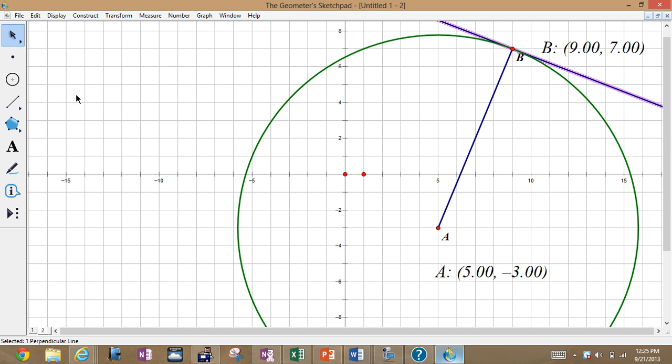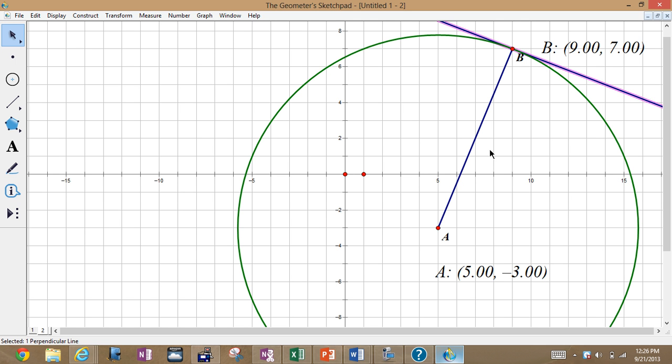Okay, so here's the line in question. Now, how did I draw that line? Well, that line has the point 9, 7, and the slope, which is the negative reciprocal of the slope of segment AB. So compute the slope between the 2 points A and B.